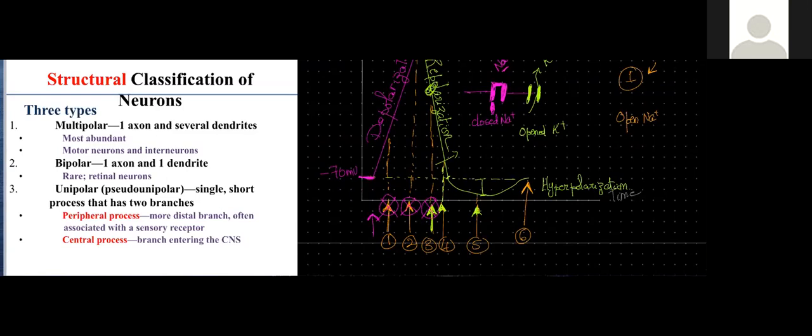What do you think is going to happen to those 4 and 5? So definitely 6, you're going to respond. During 4 and 5, what is going on in here? You have sodium channels which are closed, and you have potassium channels which are opened.